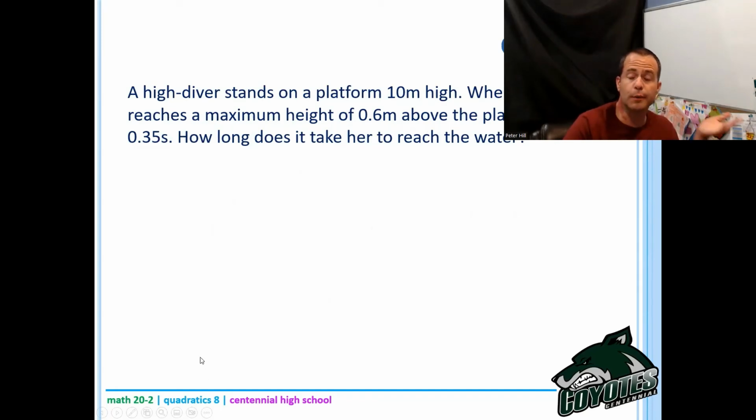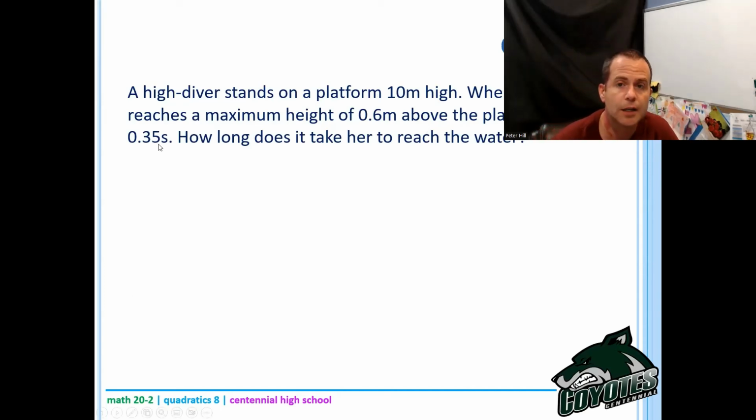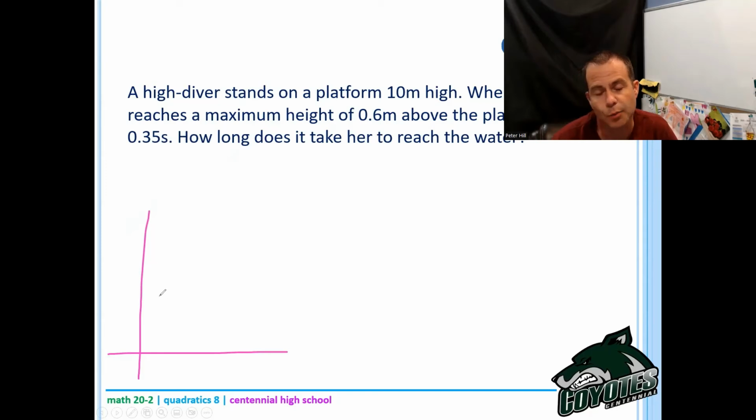So we want to draw a picture of what we're talking about. I know that when the clock starts, I'm 10 meters high because that's where the high diver is standing, on a platform 10 meters high. Here's my X and Y axis. I could start at 10 meters and she's going to go up and then plummet down, so it should look something like that.